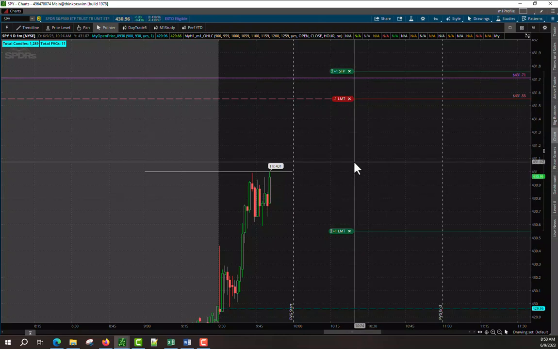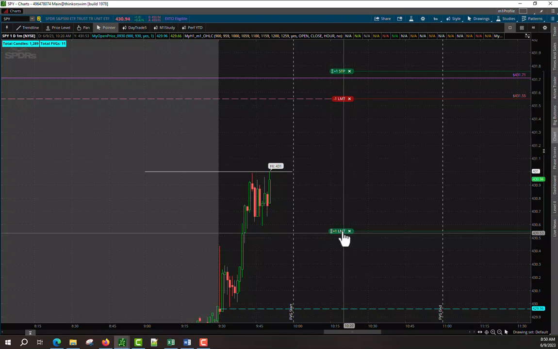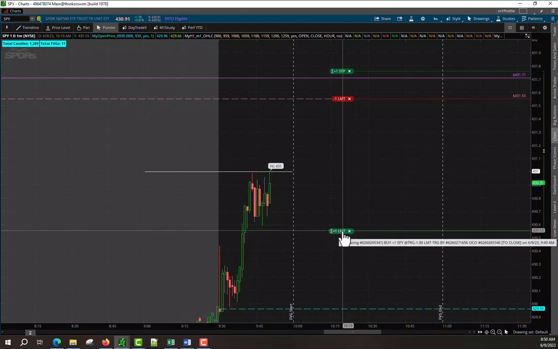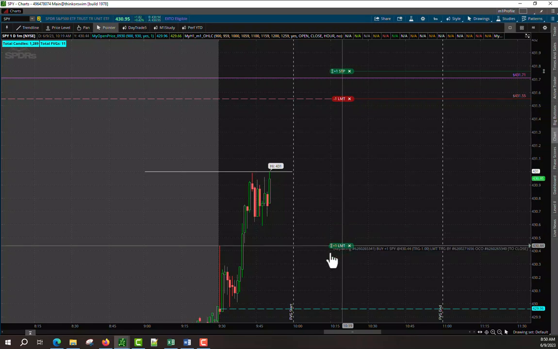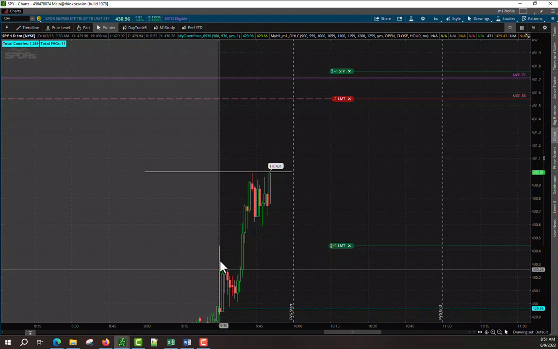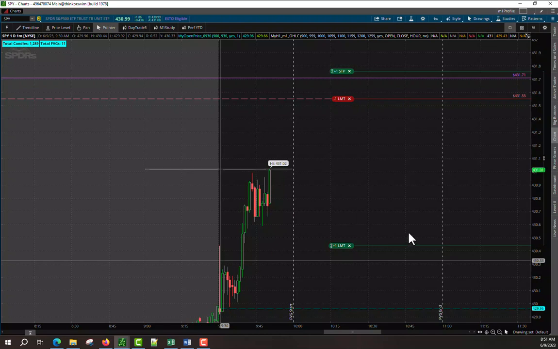We will risk that much, and then right here it may retest this order block, bullish order block right there.